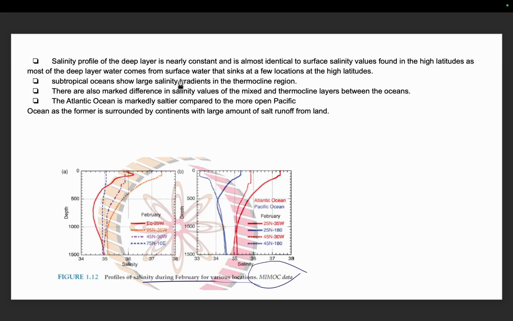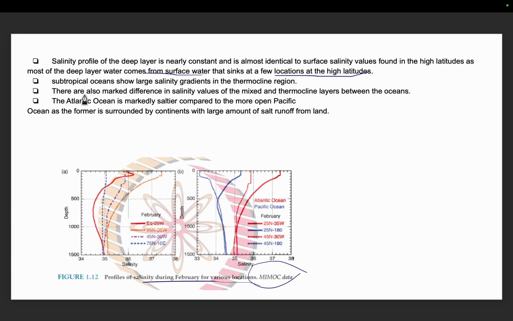Here the salinity profile of the deep layer, you can see, is nearly constant irrespective of any latitudes, and it is almost identical to the surface salinity values found in the high latitudes, as most of the deep layer water comes from the surface water that sinks at a few locations at high latitudes. Subtropical oceans show a large salinity gradient in the thermocline region.